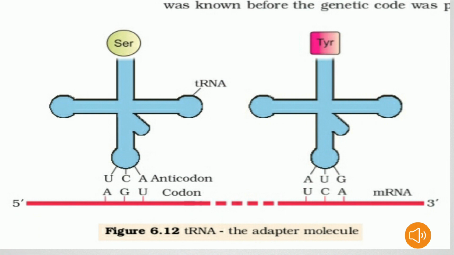The codon means the three specific nucleotide sequence that codes for the specific amino acid present in the mRNA. Here the codon is AGU. These are the codons present in the mRNA. Here you can see that the transfer RNA has an anticodon loop that has bases complementary to the codon, and it also has an amino acid acceptor end to which it binds the amino acids.